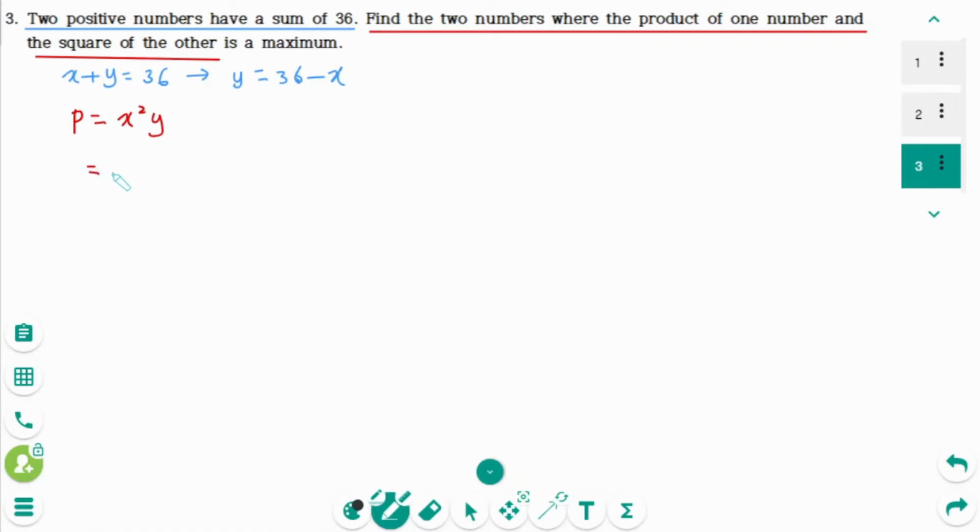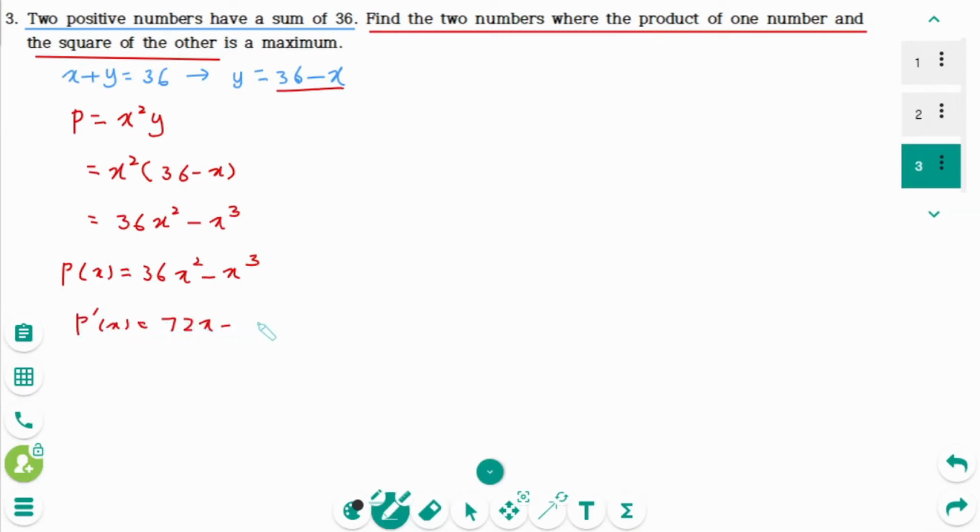Then back to the original, x squared times 36 minus x, then expand: 36x squared minus x cubed. Now p of x equals 36x squared minus x cubed. Then p prime of x equals 72x minus 3x squared.